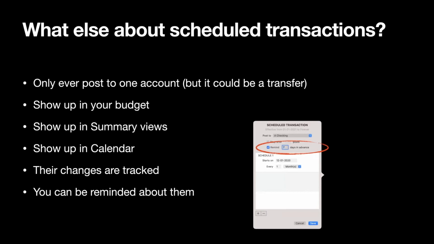Now, the whole reason why we have this is most people want to be reminded about their scheduled transactions. But there are some people, and there are some situations, and this is totally valid, where they don't want to have to take action on their scheduled transactions, but they still want it to show up, let's say, in their budget.